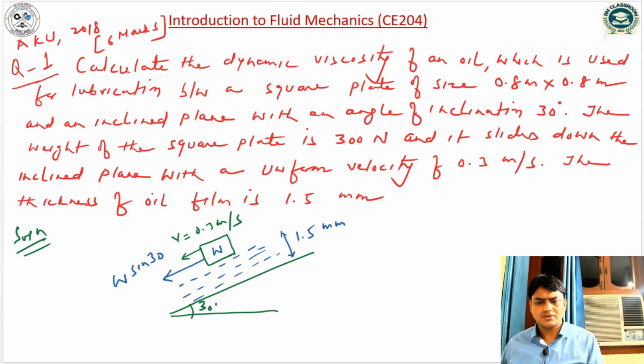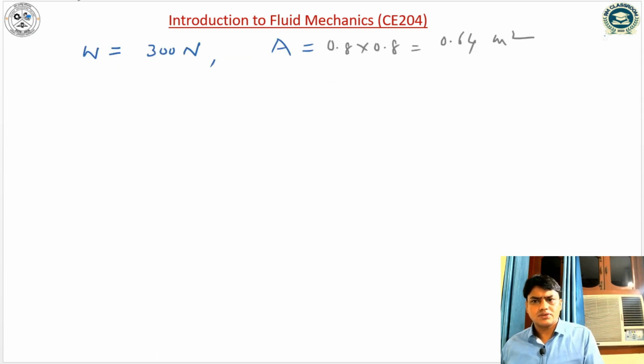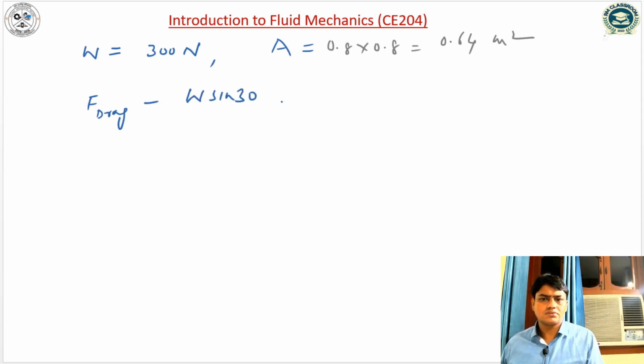So we can write F drag minus W sine 30 is equal to 0. So F drag is equal to W sine 30.